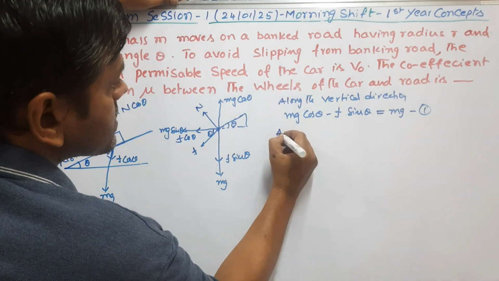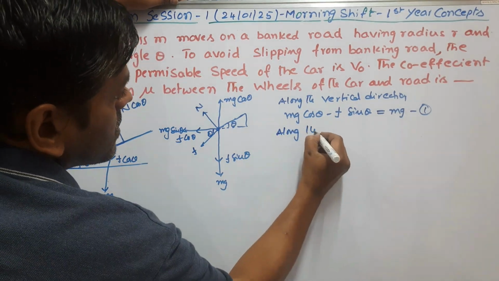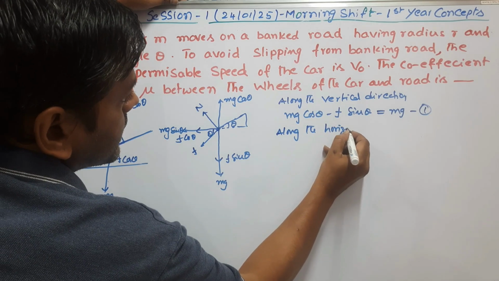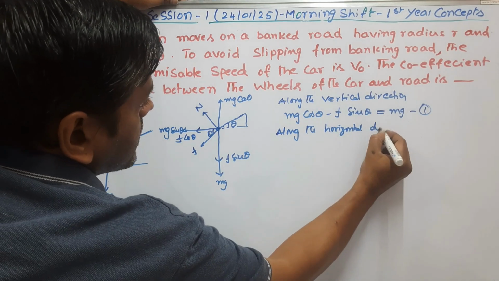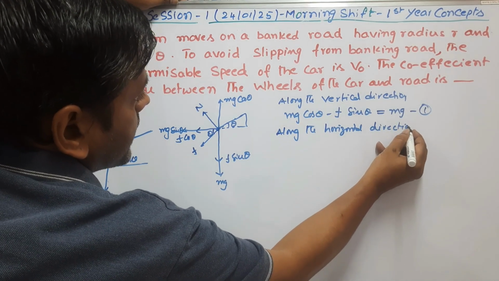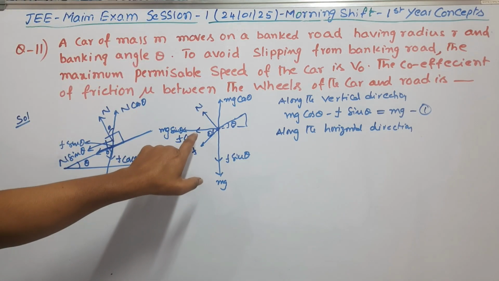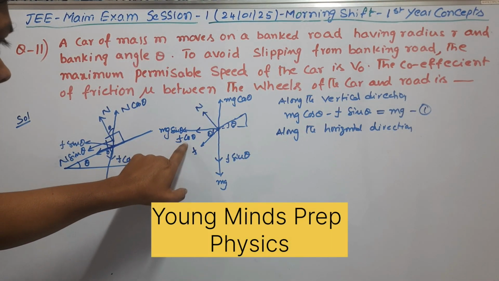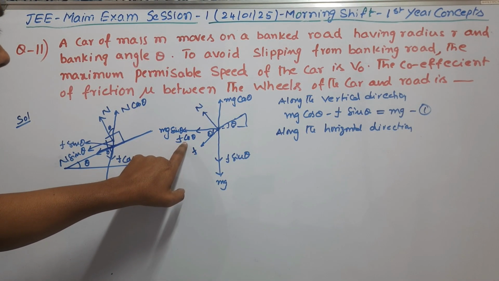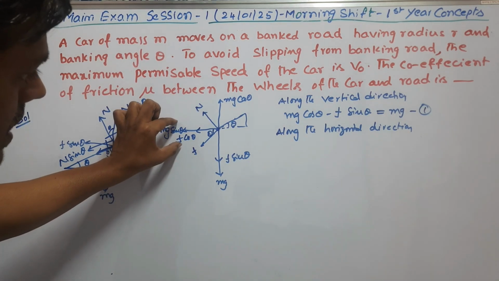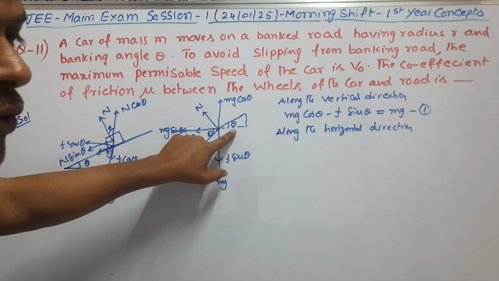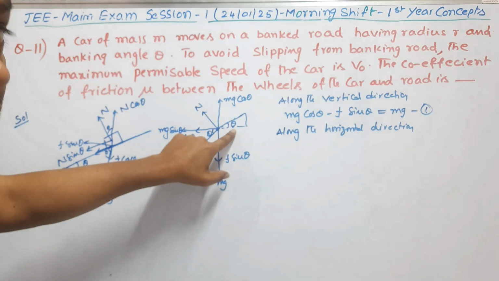Along the horizontal direction, mg sin theta and F cos theta both act in the same direction. These two forces provide the necessary centripetal force to avoid slipping on this banked road.